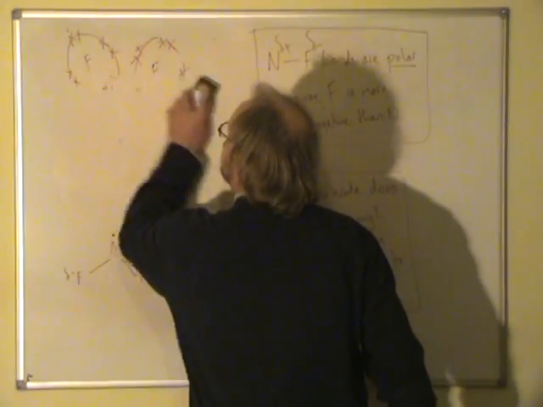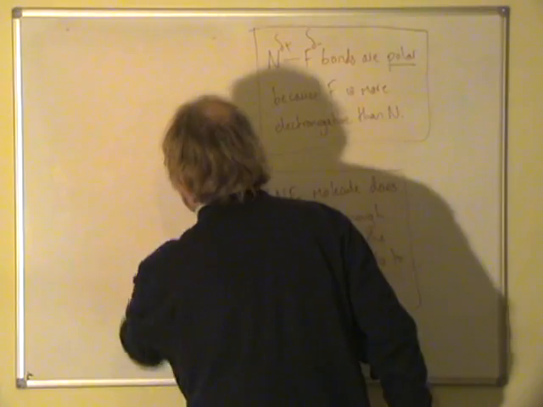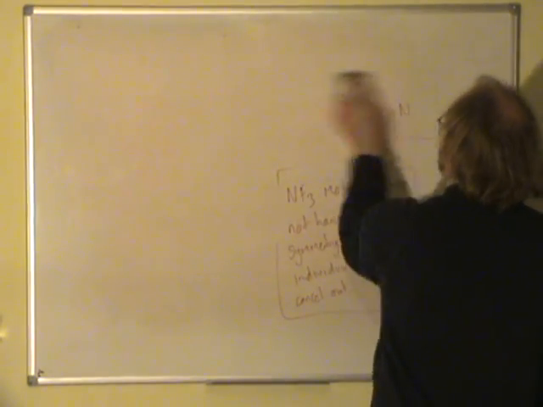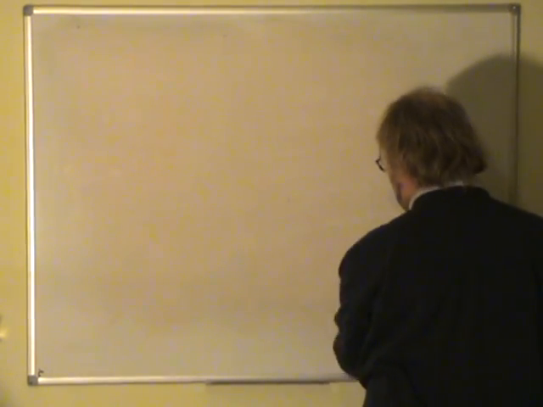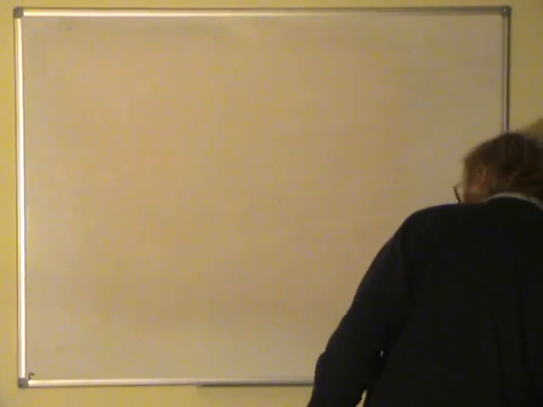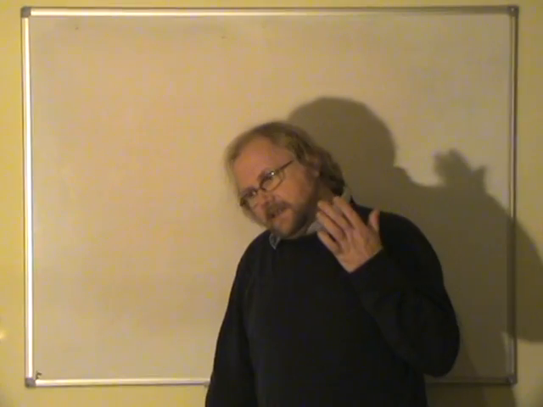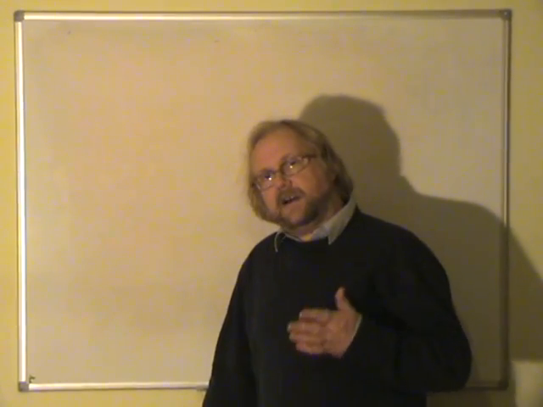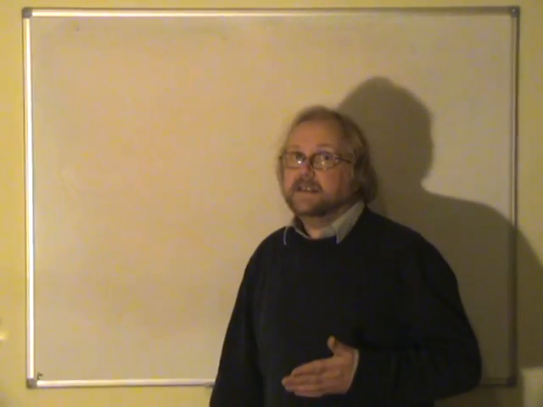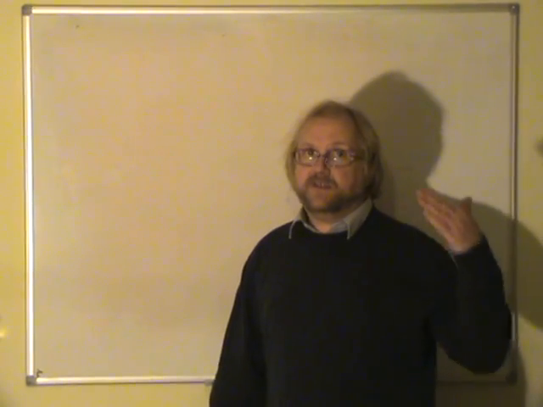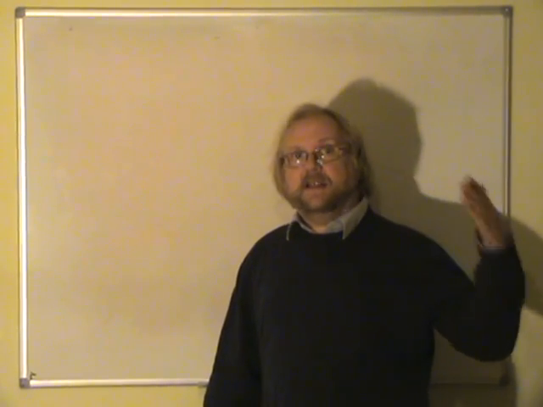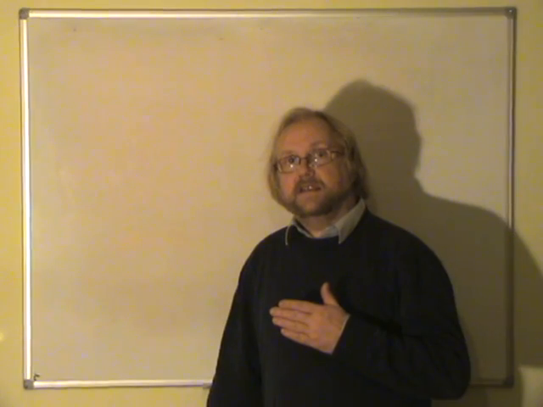And finally, we're asked to describe and explain the trend in atomic radii as you go across period 2. So remember that atomic radii are one of these things which depend essentially on the strength of attraction between electrons and nuclei.